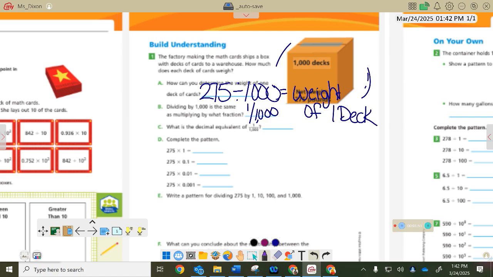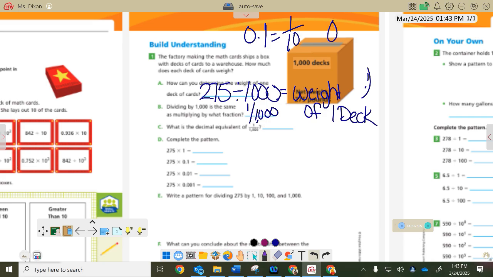C asks, what is the decimal equivalent of 1 over 1,000? We learned when writing decimals in expanded form that if a decimal is in the tenths place, that's 0.1, then the fraction is 1 over 10.